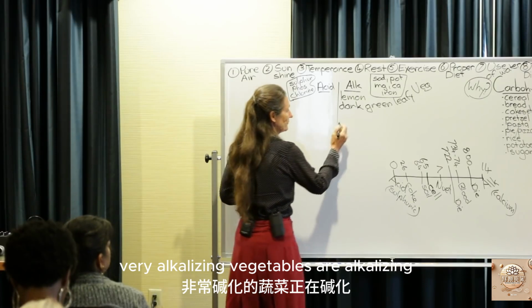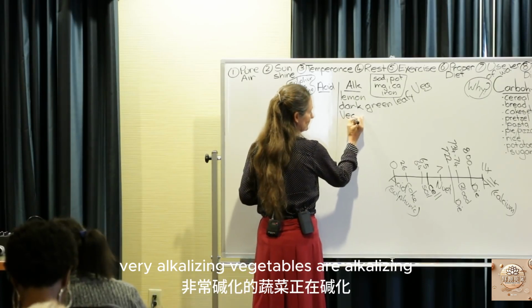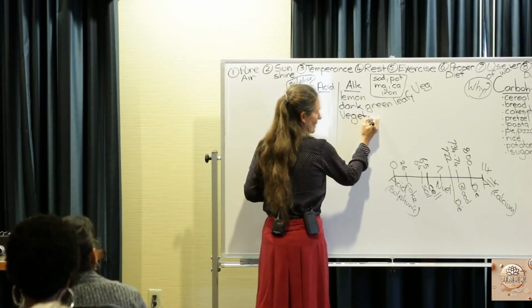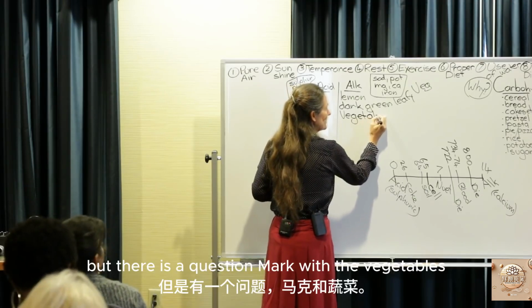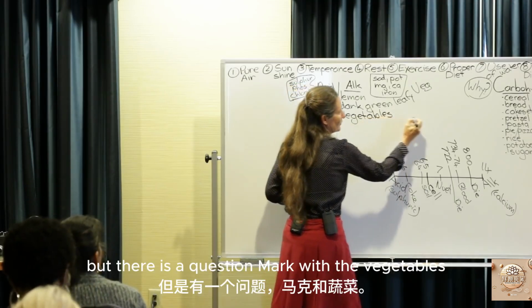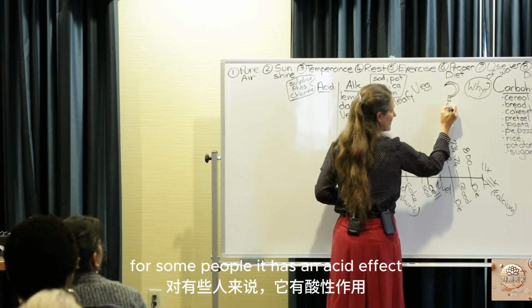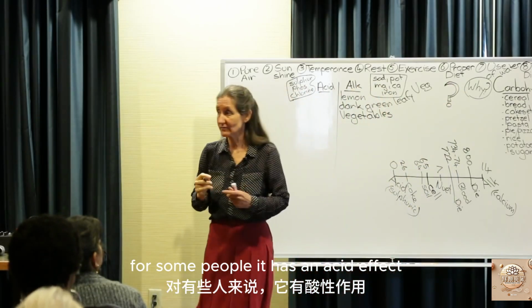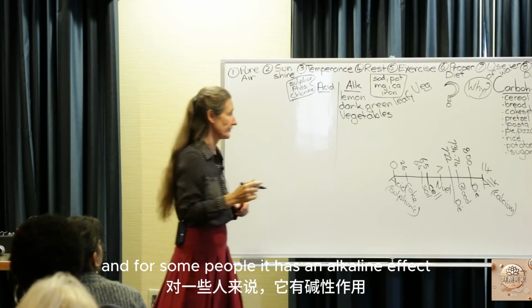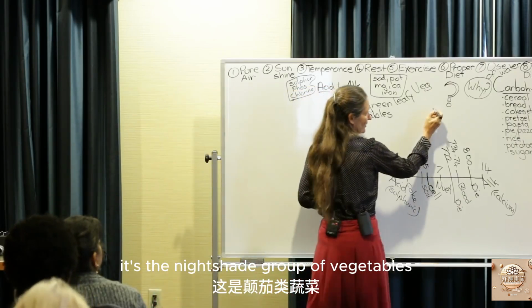Very alkalizing. Vegetables are alkalizing, but there is a question mark with the vegetables, because there is one group of vegetables that for some people has an acid effect and for some people has an alkaline effect. It's the nightshade group of vegetables.